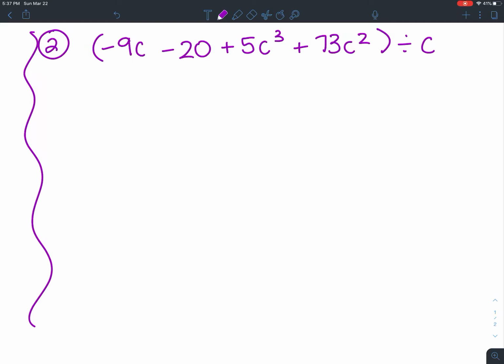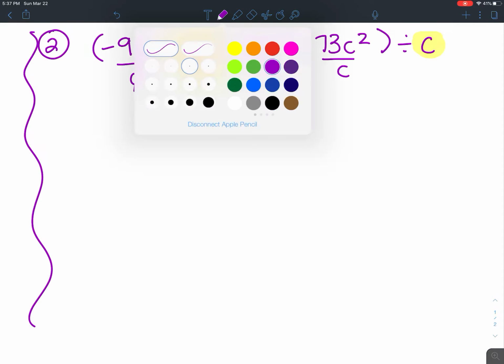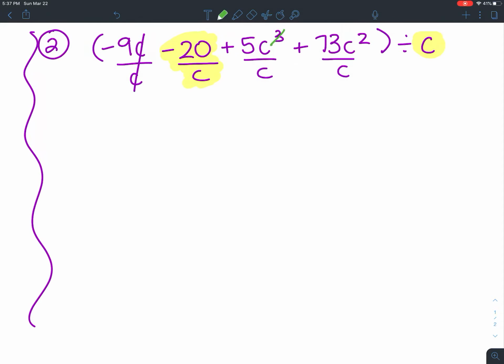When we divide this out, I can divide each of these by my monomial because it is a monomial. Okay, so c cancels. This doesn't cancel, so we'll come back to that. Here, the cubed becomes a 2, and that c cancels. This square goes away, and that c cancels.